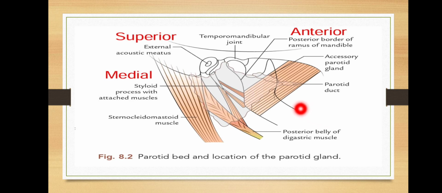The anterior boundary is formed by the posterior border of the ramus of the mandible, the superior boundary is formed by the external acoustic meatus, and the medial boundary is formed by the styloid process with attached muscles. So these are the anterior, superior and medial boundaries of the parotid bed or retromandibular fossa.